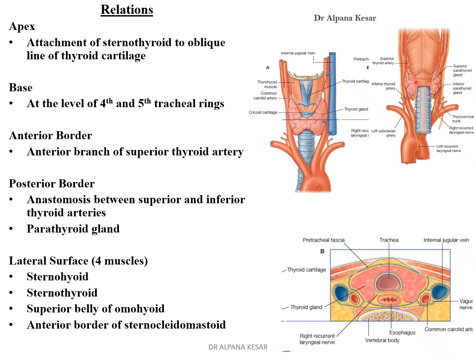Also on the posterior border is present the parathyroid gland. The lateral surface of the thyroid gland, which is this, is related to the following muscles: sternohyoid, sternothyroid, superior belly of omohyoid, and the anterior border of sternocleidomastoid muscle.